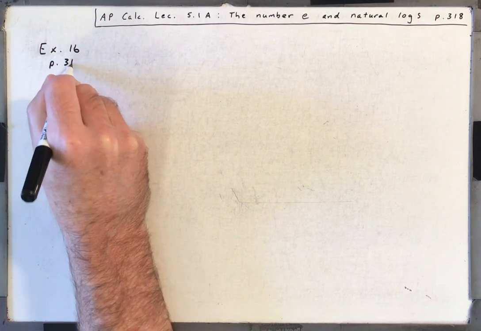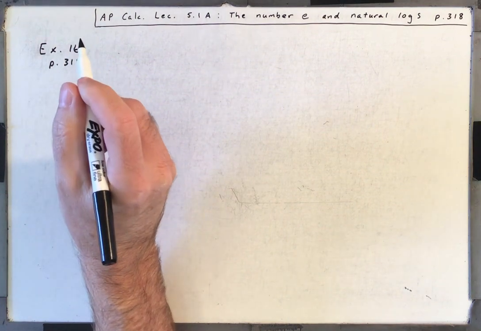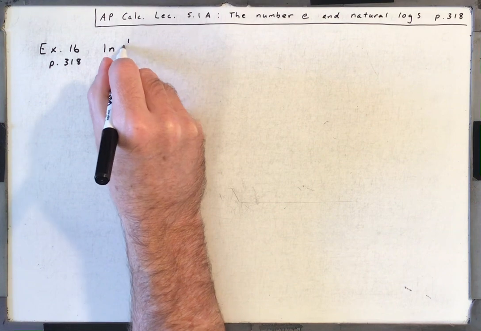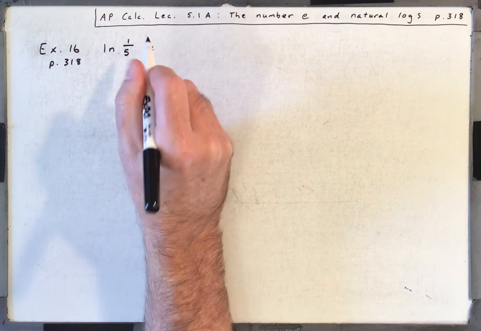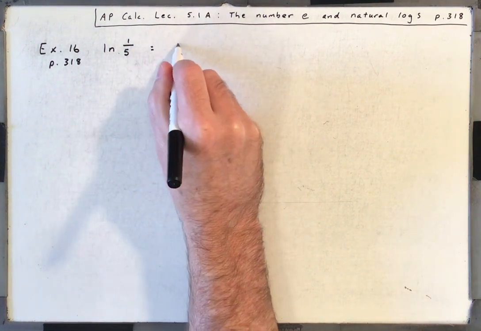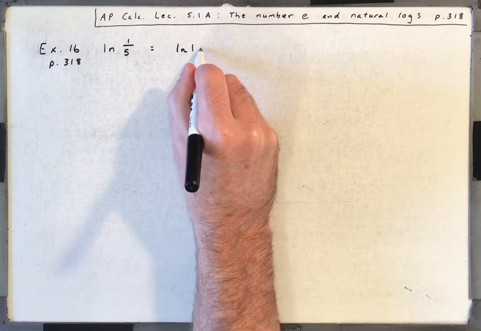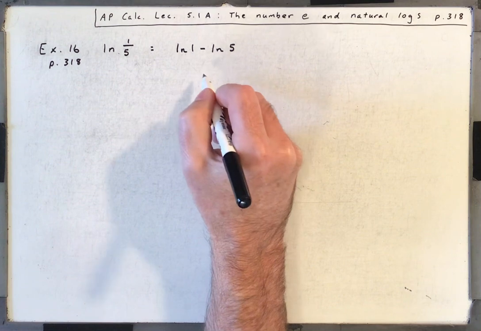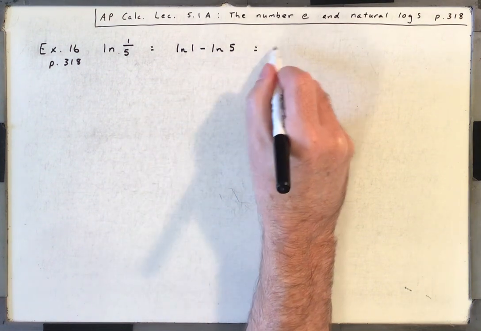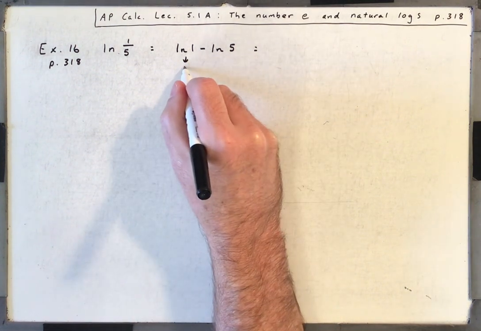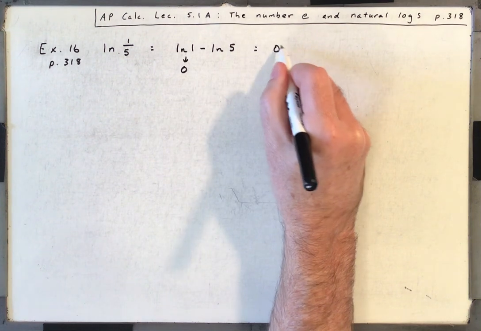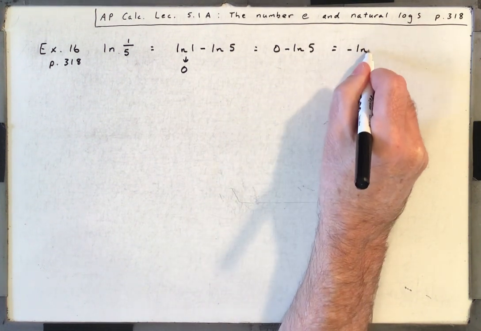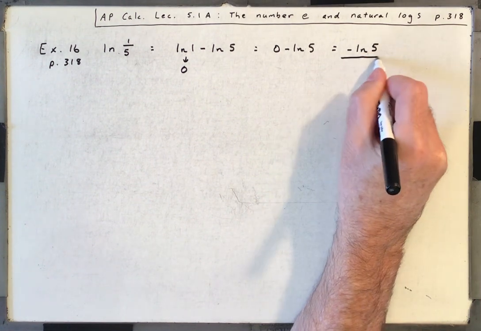All of our examples today will be on page 318. So you have the natural log of 1/5. Well, that's a quotient, so that's the natural log of 1 minus the natural log of 5. The natural log of 1 is equal to 0, right? So that's 0 minus the natural log of 5, which would be negative the natural log of 5.